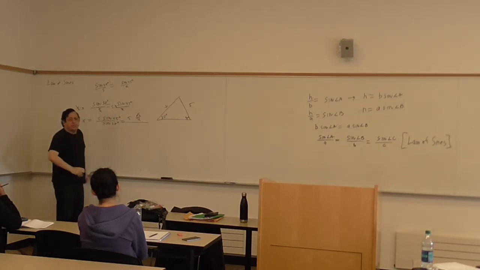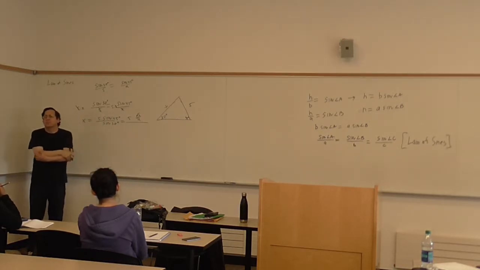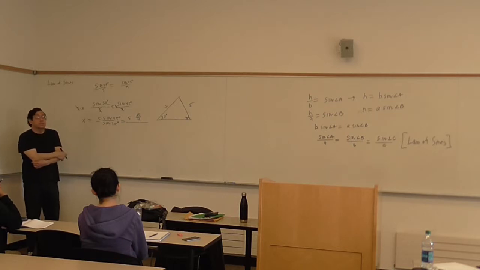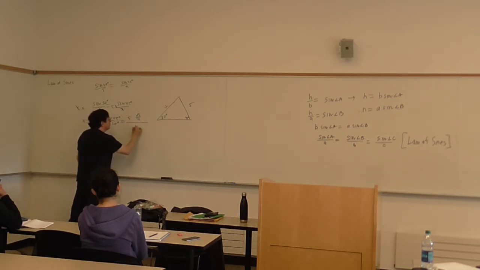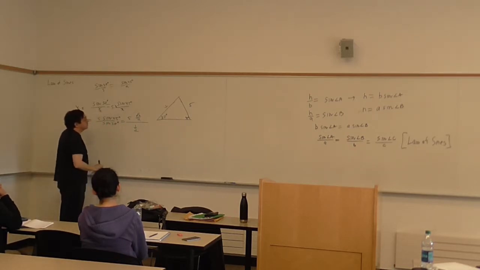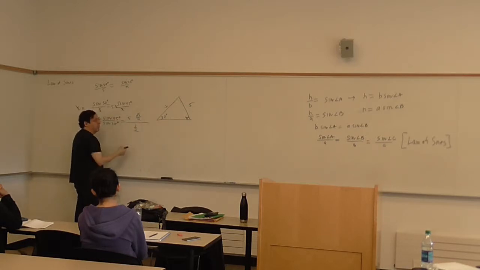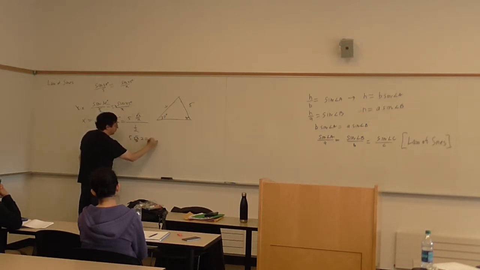And what about the sine of 30 degrees? 1/2, everyone? Well, if I'm dividing by a fraction, that's multiplying by its reciprocal, that's 2. So 5 times square root of 2 over 2 times 2 is just 5 square root of 2. Okay.